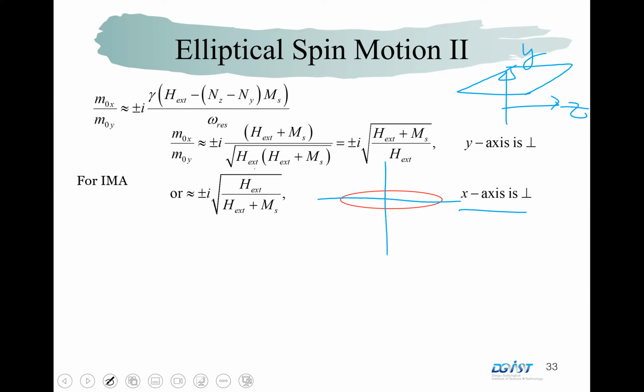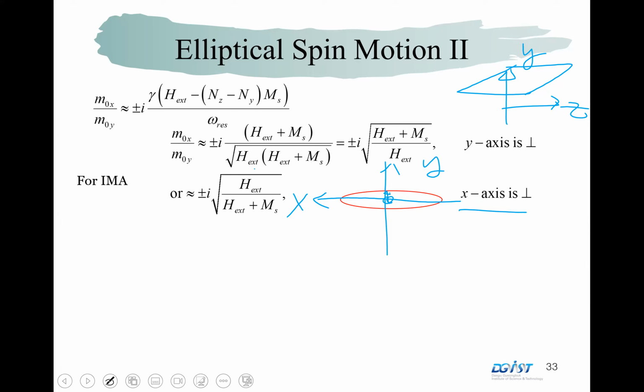If you take a look at the magnetic motion in front of this, this is the y-axis, this is say the x-axis, and this is the easy direction. So if we have magnetization pointing in this direction initially, they make some rotation, elliptical motion, but the magnitude of the elliptical motion in the perpendicular direction is much smaller.